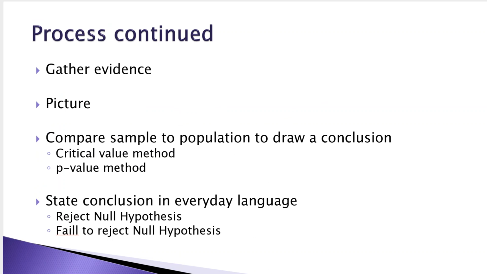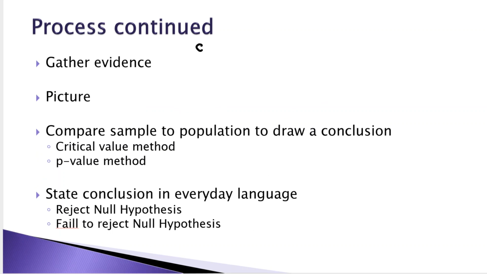After we do that, we gather all our evidence. We get a critical value, and I'll show you how to calculate that in a little bit. That's something that is determined by alpha. So the critical value says if you're on one side of the critical value, you're going to reject the null hypothesis.